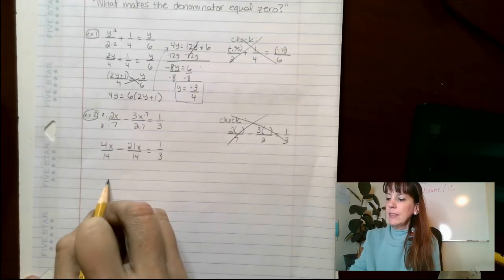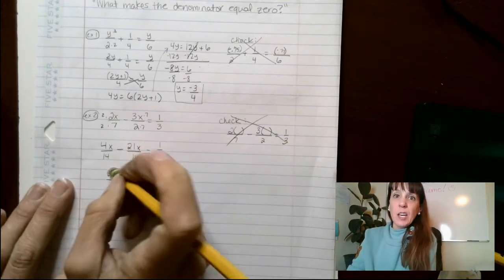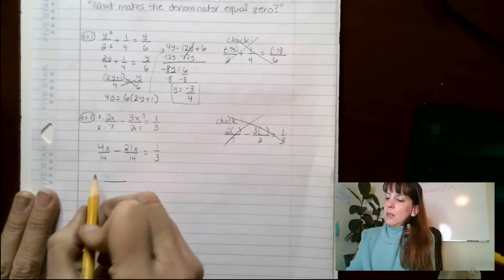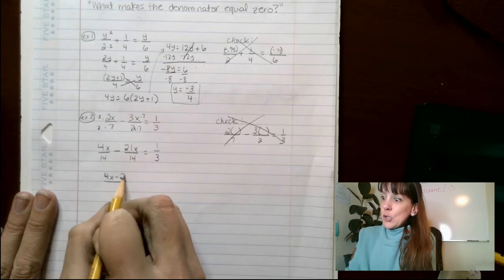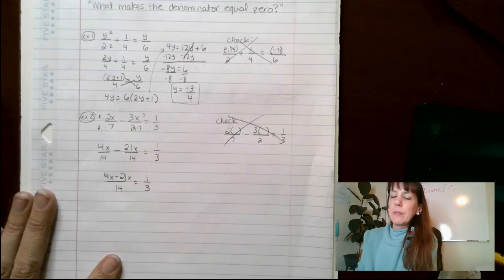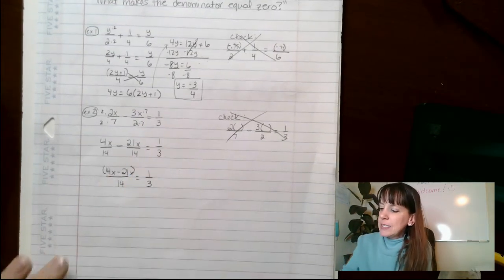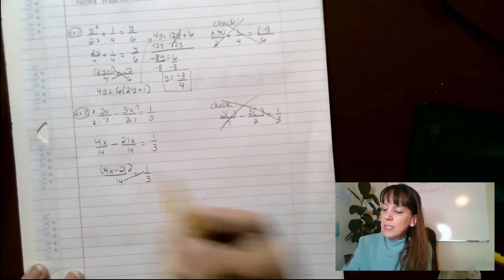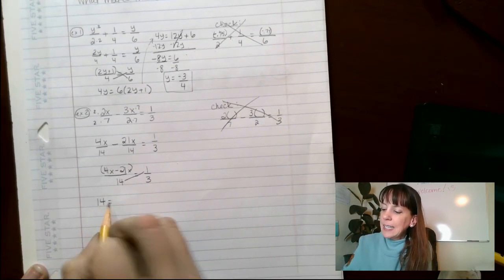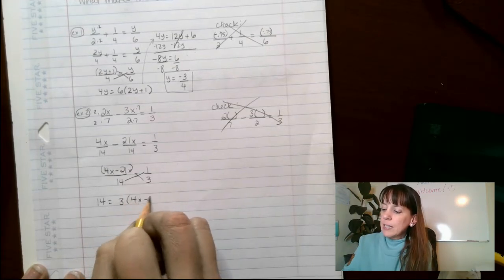Now we can combine this. We get (4x minus 21x) over 14 equals 1/3. Remember, addition, subtraction, throw some parentheses on those. So what we're going to do is we get this times this, which is 14, equals this times this, which is 3, times the quantity 4x minus 21x.